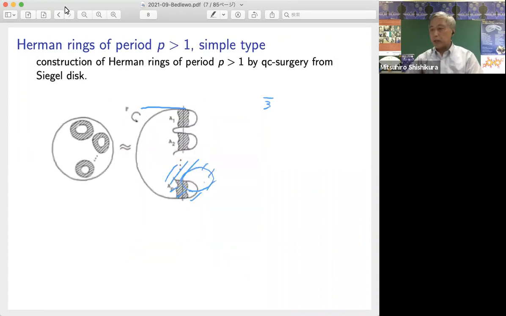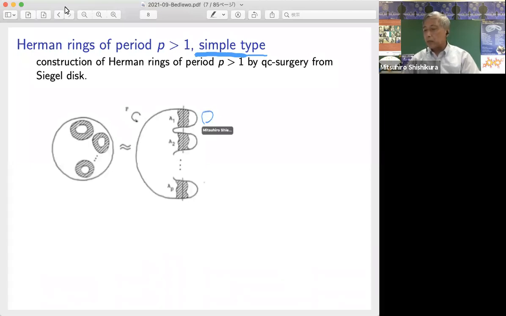So here's the way you construct. For the simple type, which I explain in the next slide, the simple construction is given by taking a Ziegler disk of period P, and a composition of P rational maps.